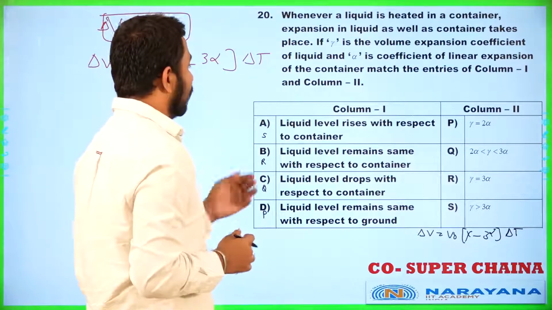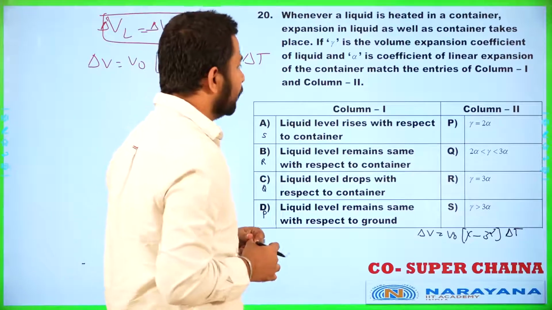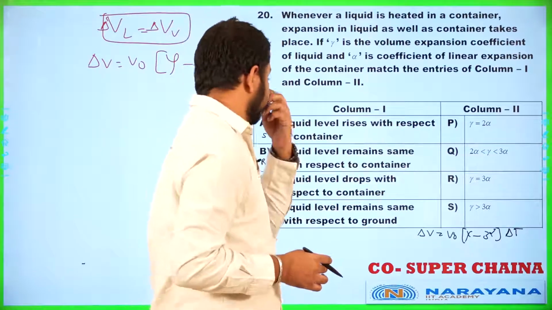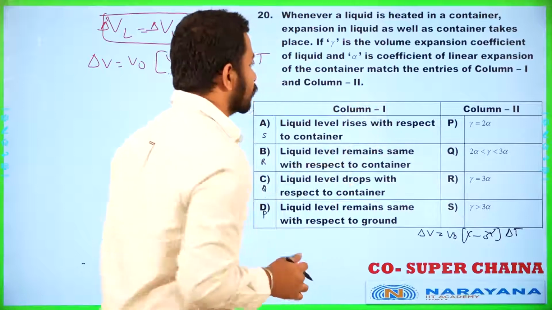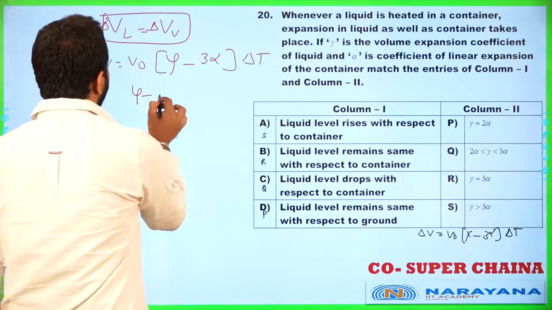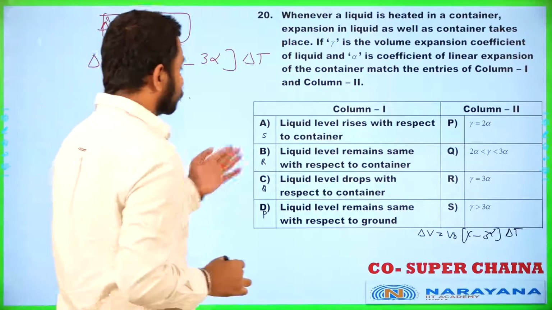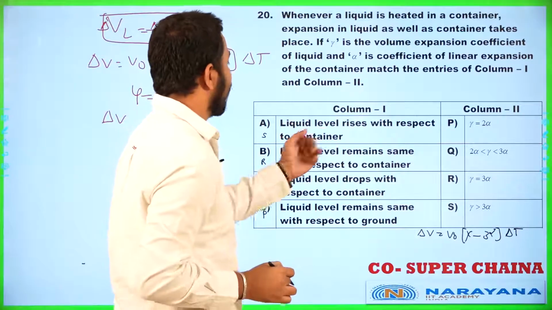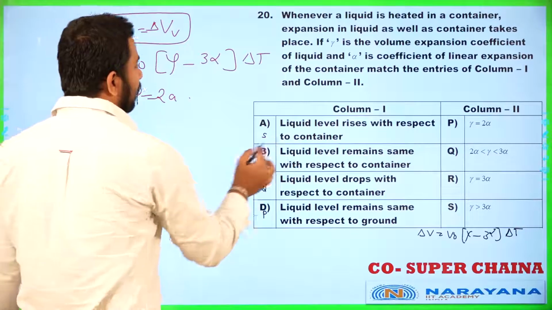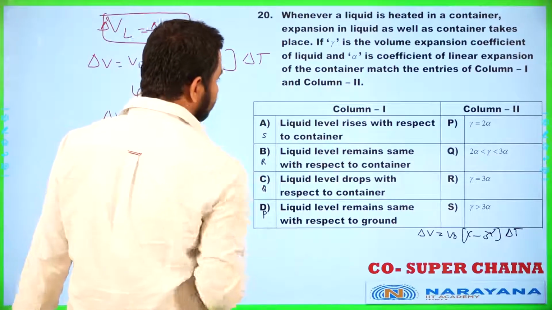Whatever will be the change, I can write it here. Now in the question, it is given that gamma is equal to 2 alpha. So if I take gamma as 2 alpha, students, what will be the delta V? Liquid level rise in this one.